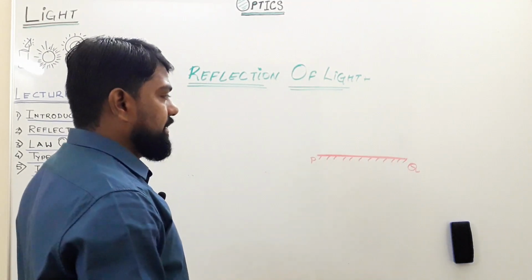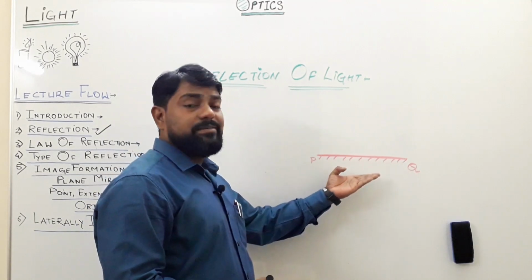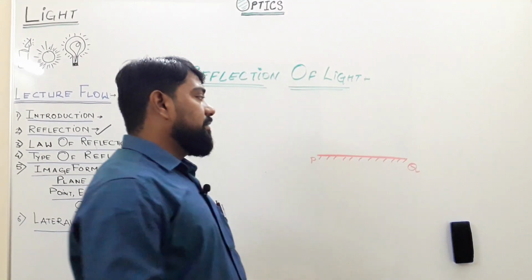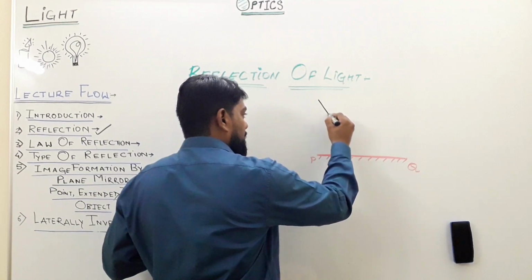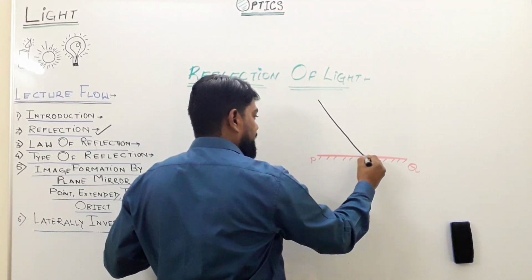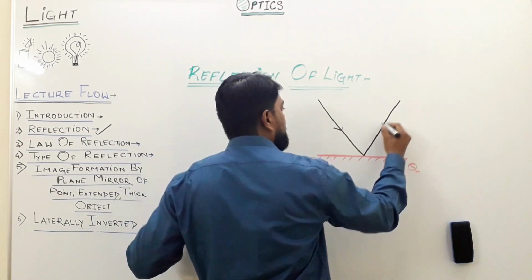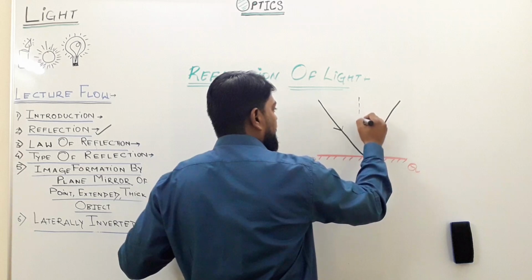When the ray of light is incident on a plain polished surface, which we are taking as a mirror, whenever the ray of light strikes on a plain polished surface, it bounces back in the same medium.